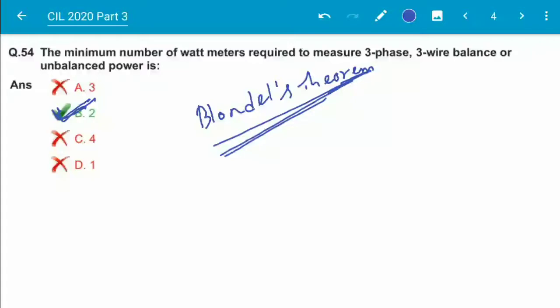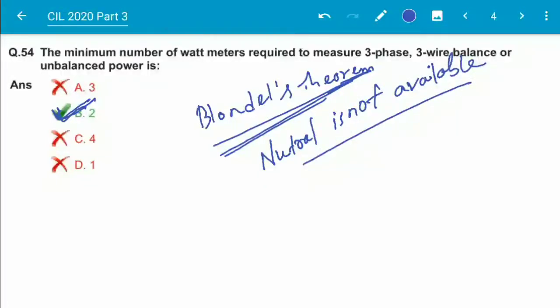This theorem tells that if neutral is not available, an n-wire system power can be measured by a minimum of n-1 number of wattmeters.